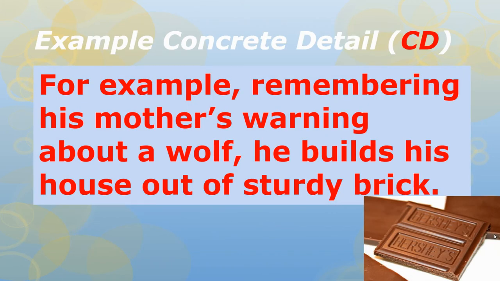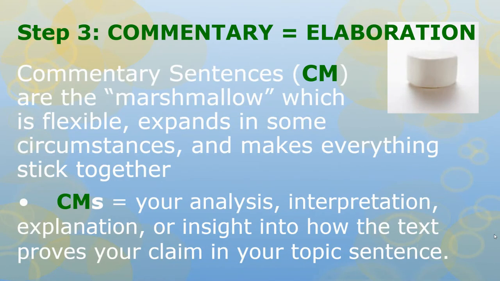So in that sample paragraph, your concrete detail might look something like, for example, remembering his mother's warning about a wolf, he builds his house out of sturdy brick. So we've given a specific example of something in the text that happened that is evidence of how the third pig is wise.